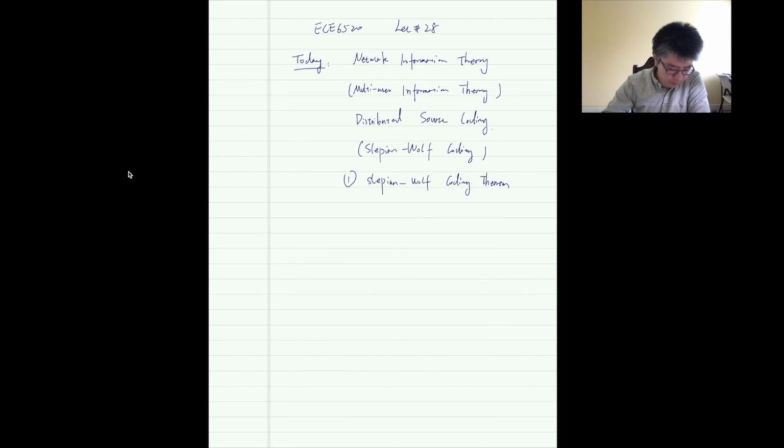The second is to show the achievability of Slepian-Wolf coding and the converse. In order to show the achievability, we need to introduce another concept of typical set, which is called conditionally epsilon typical sequences.